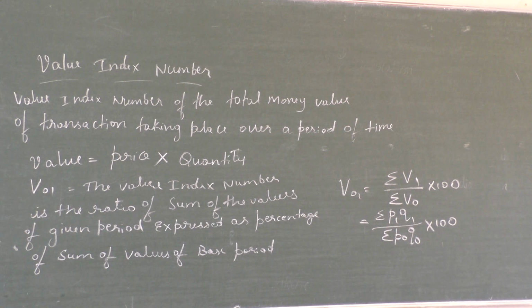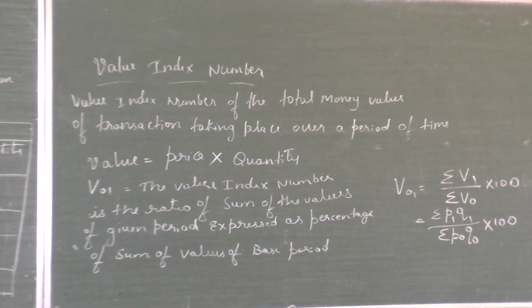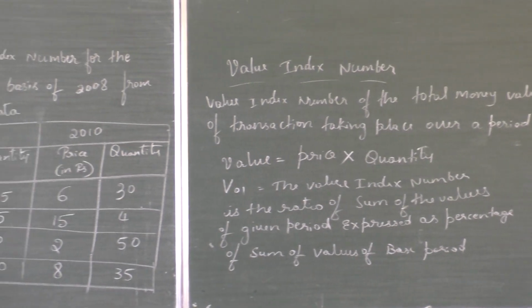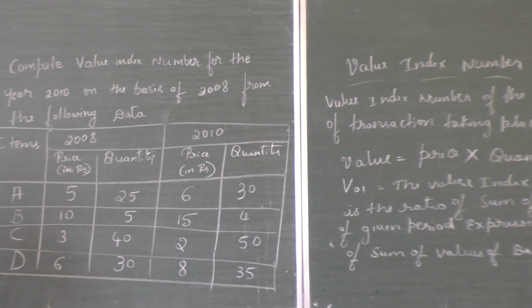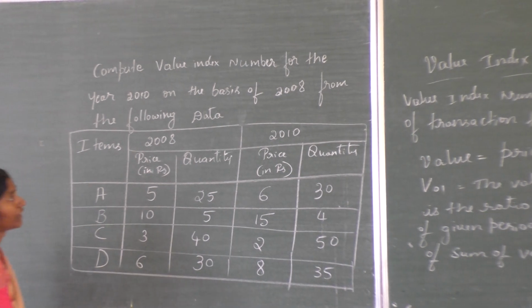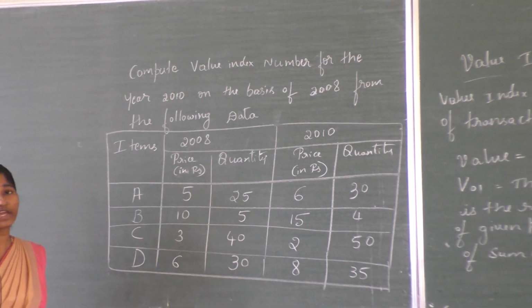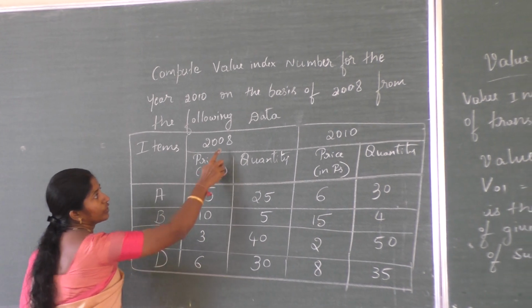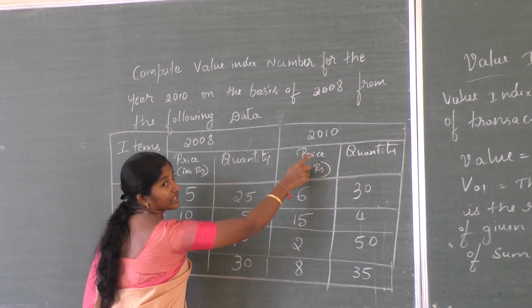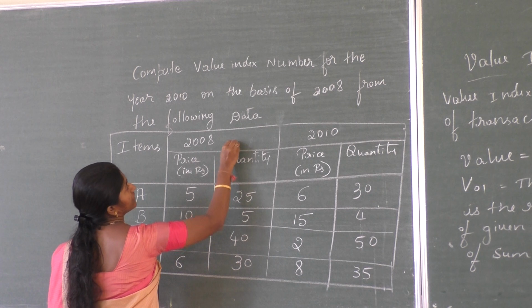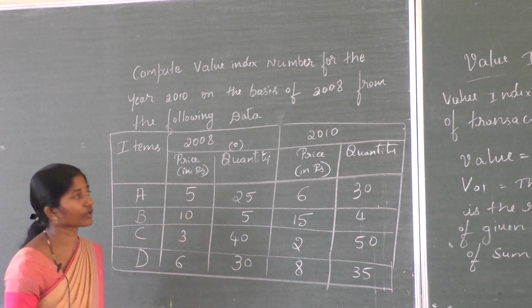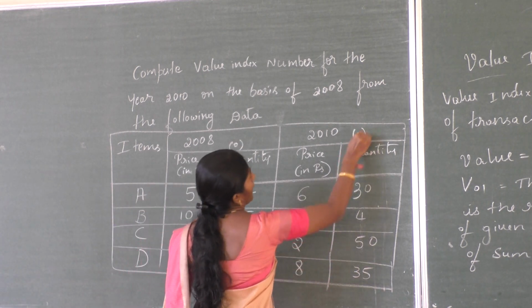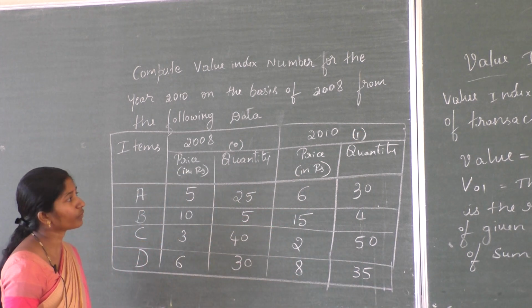Compute the value index number for the year 2010, where 2010 is the current year and 2008 is the base year, from the following data. Here I take the base year as 0 and 2010 as 1.